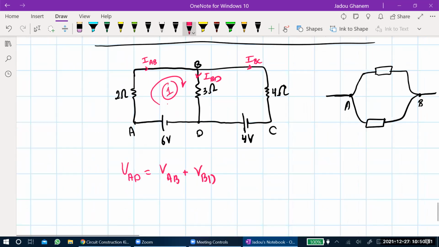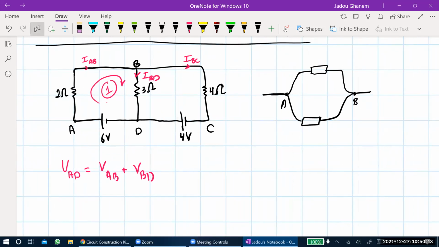Great. Now the next step, VAD, we can substitute the value of it. It's 6, right? Can we write it minus 6 or no, it's 6? No, it's 6. We started from the positive to the negative. What about VAB? Can we expect the value of it?